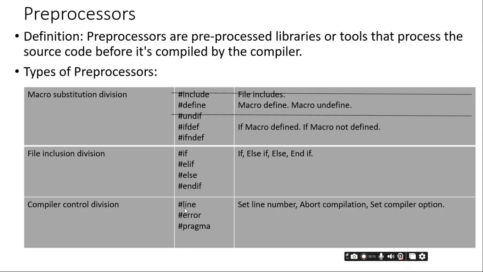Then the compiler control division also includes #line, #error, and #pragma. Pragma and error are mostly included in other types of preprocessor directives. #line sets the line number, abort compilation, set compiler option.